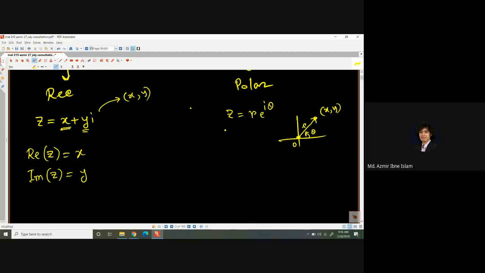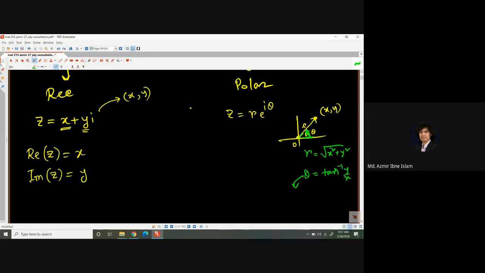At the same time, we must know that r equals square root of x square plus y square, and theta equals tan inverse y over x. We know this theta can take multiple values. Theta may be, suppose, 45 degrees or 60 degrees. After coming from the positive x-axis to 45 degrees, we get this point.